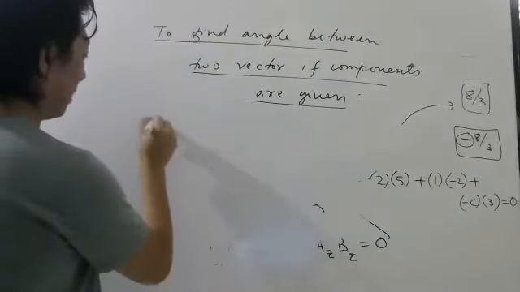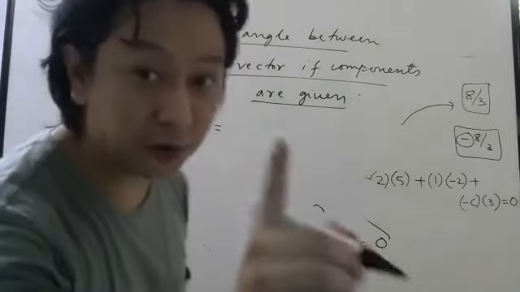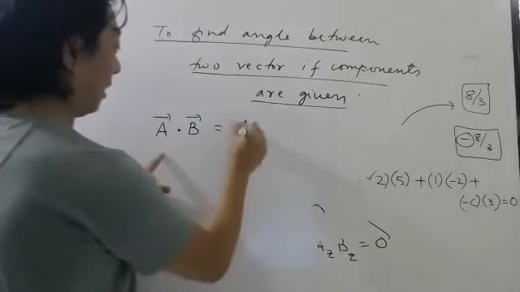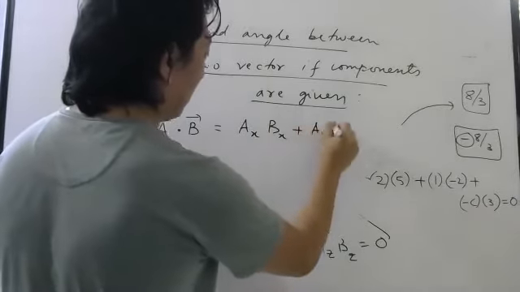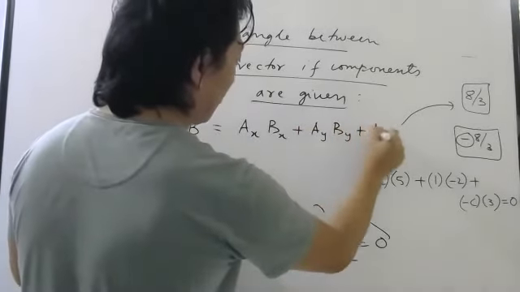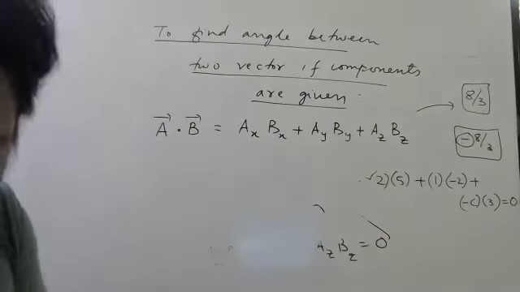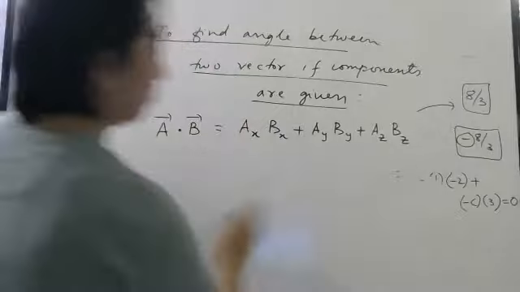So A bar dot B bar, if you know the components, how can we write it? I have derived AX BX plus AY BY plus AZ BZ. If you are given the components, then you can do it like this.